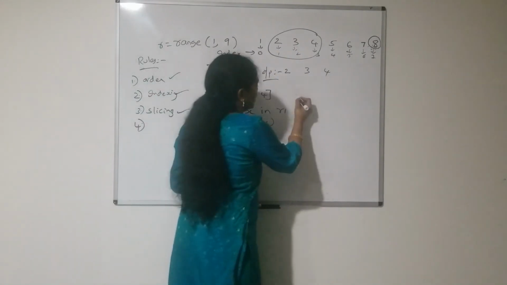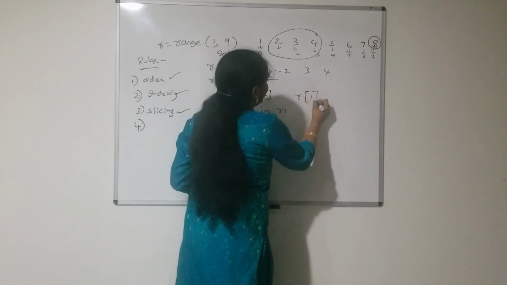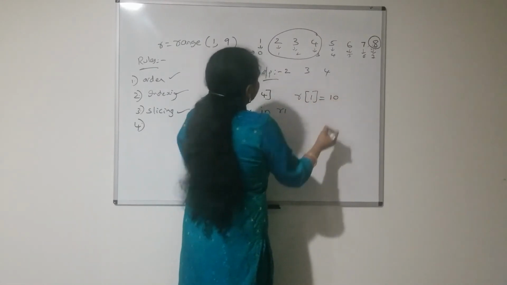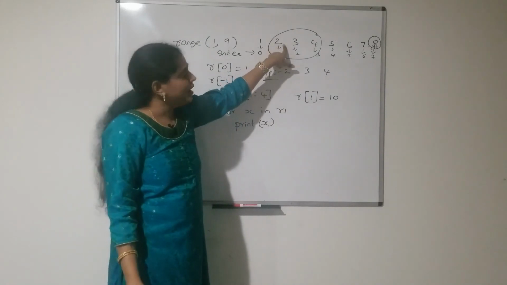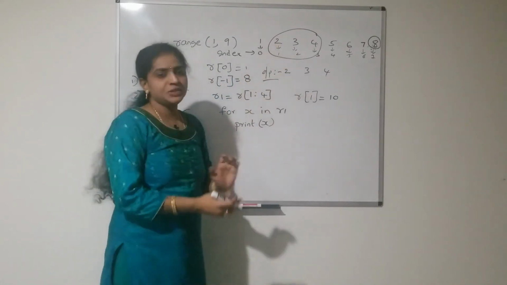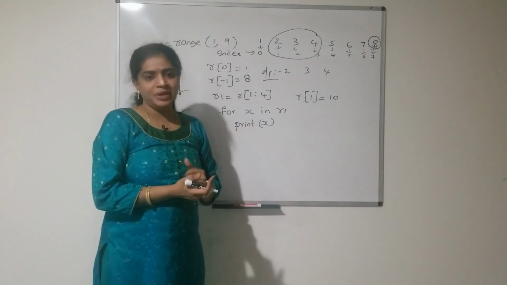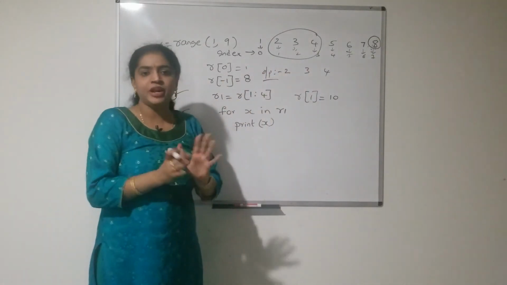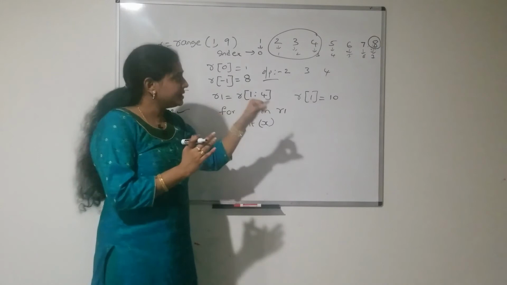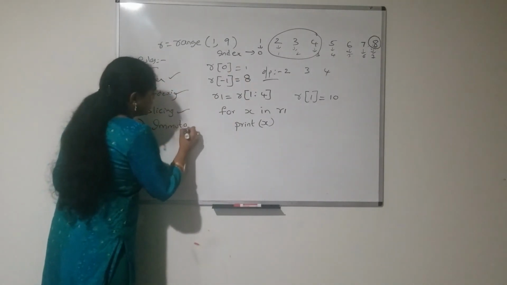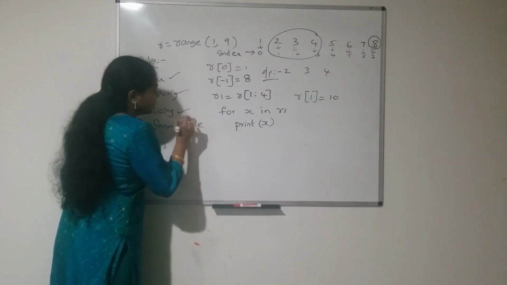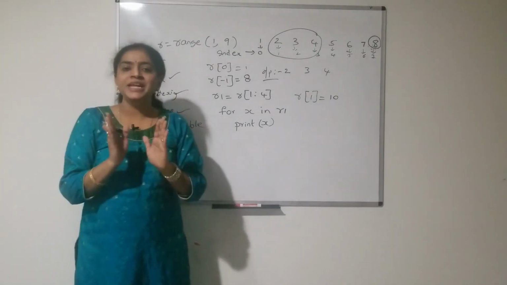Suppose R of 1 equal to some 10, like that. Can I change it? Here R of 1 is 2. Can I assign a new value to this range data type? It is meaningless, because range is a sequence of numbers. We cannot disturb those numbers. That means range is an immutable data type. So once the range object is created, we cannot perform any changes.